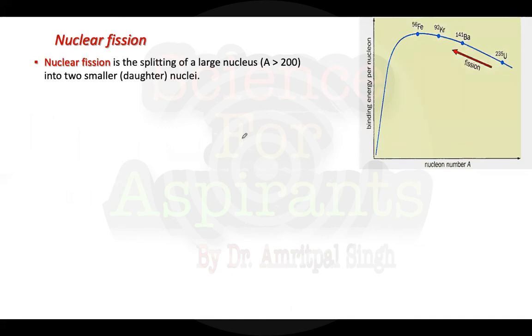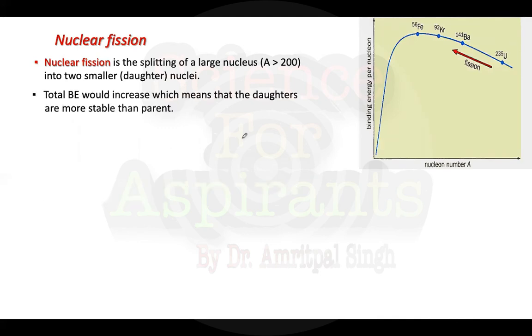In nuclear fission, large nuclei are more favorable as compared to small nuclei. You can see the total binding energy from the binding energy curve. The nuclei which lie within this range undergo nuclear fission more favorably.